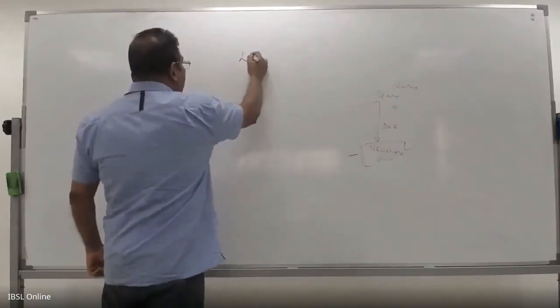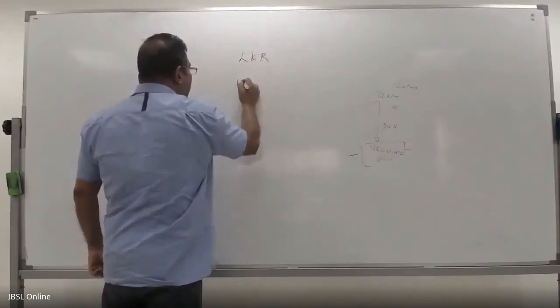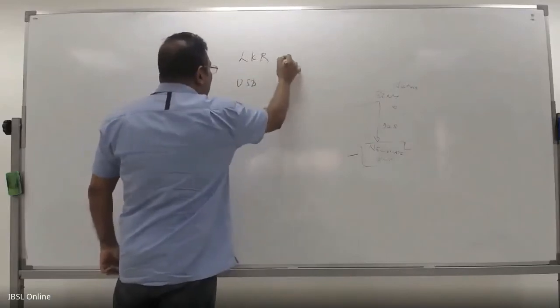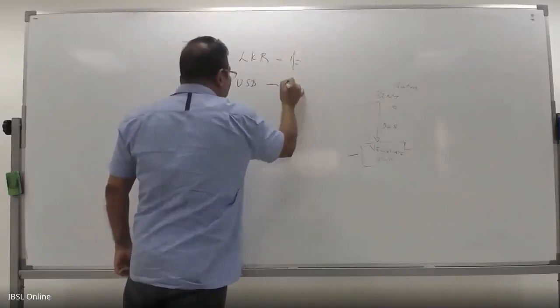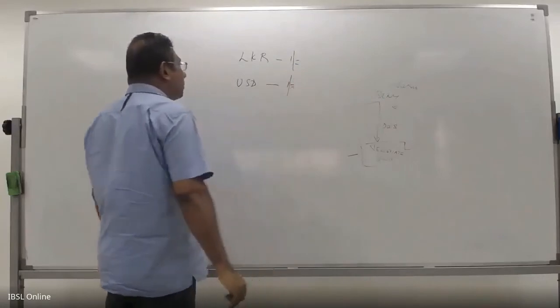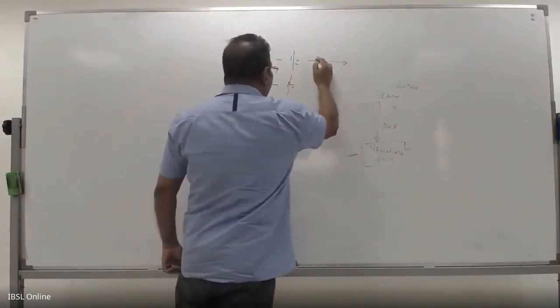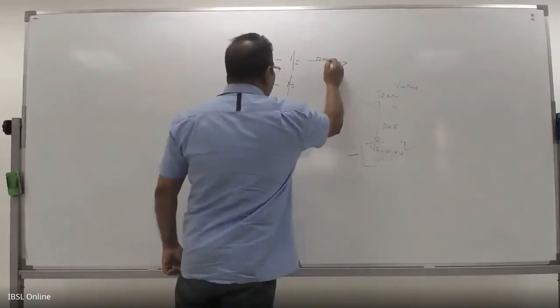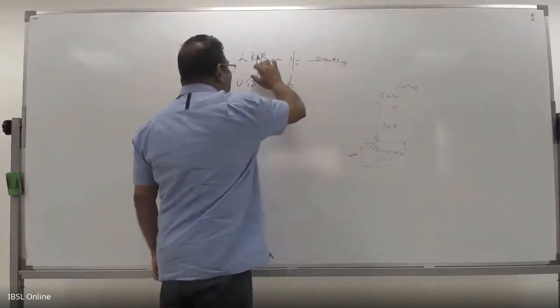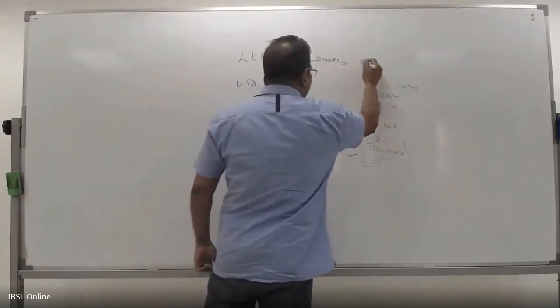We'll have 1 rupee and we'll have $1 here. We'll make a placement in a bank for 12 months, say for a 1 year period, and the bank will pay for the deposit, say 10% per annum.